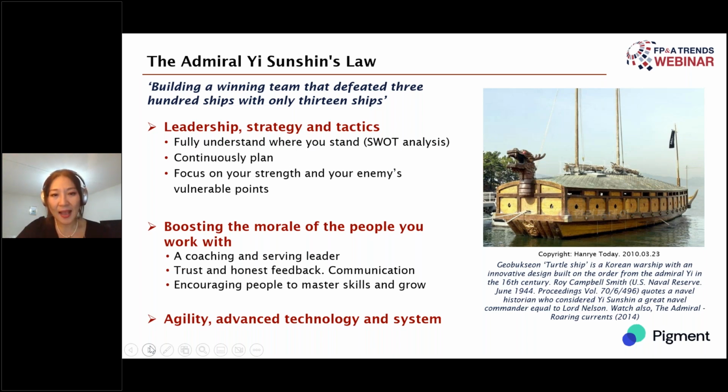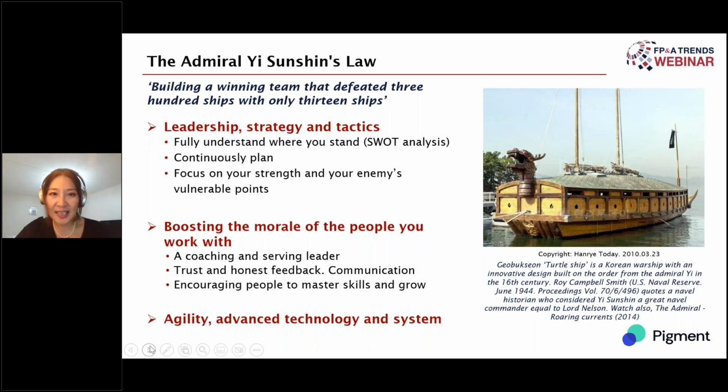In this aspect, Admiral Lee Sun-shin was an inspiring leader to me. And here are some takeaways from what he did to win all the battles that seemed impossible to win many hundred years ago. He fully understood his team, enemy, and his battlefield.